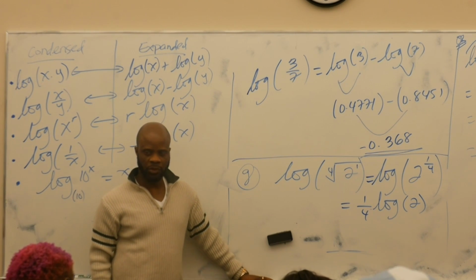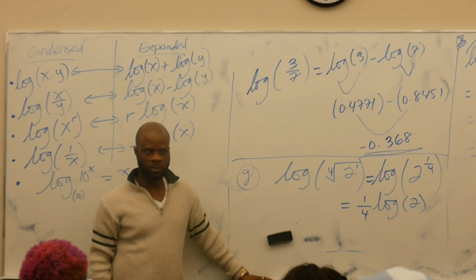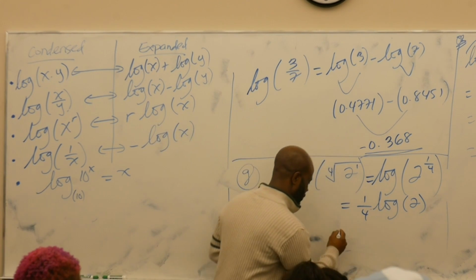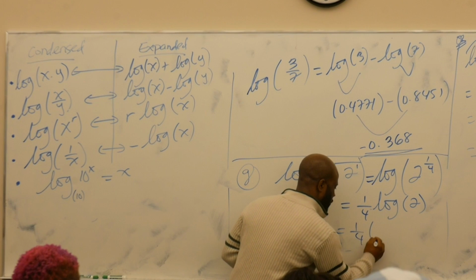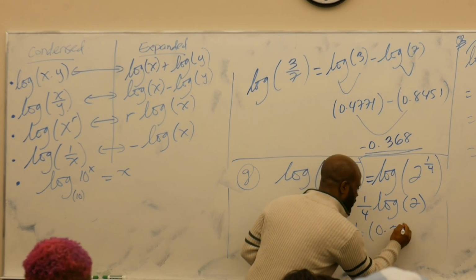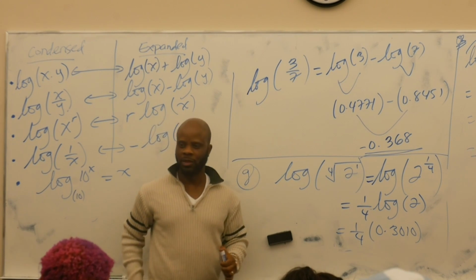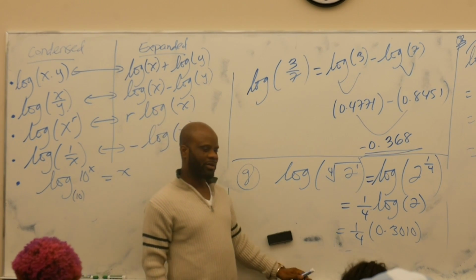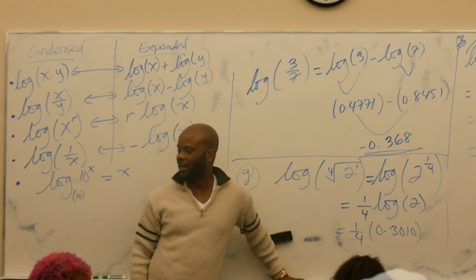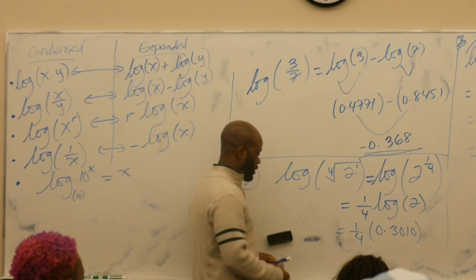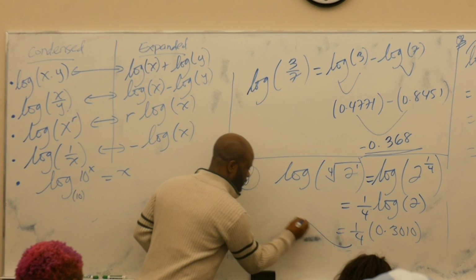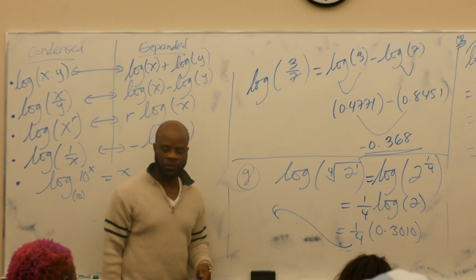What's the log of 2? 0.3010. Okay. So this is 1/4 times 0.3010. Your cousins before you went, Mr. Goya, while we multiplying fractions and decimals, and to them I went, okay, we will still write it as, how do I write 1/4 as a decimal?